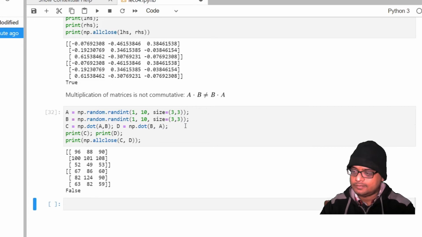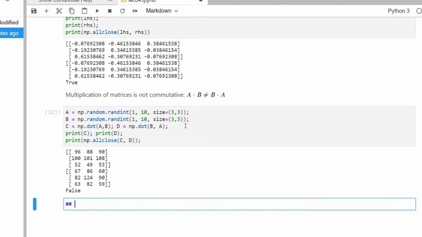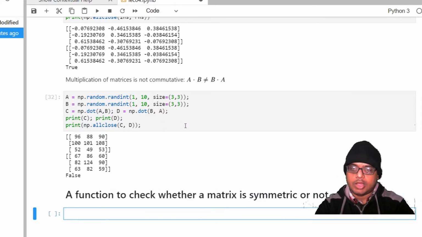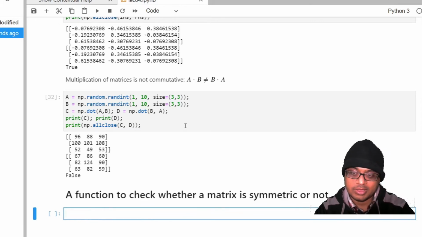Alright, so with this, let us write a small function to check whether a matrix is symmetric or not. How can we do this? If a matrix is symmetric, then Aij will be equal to Aji.